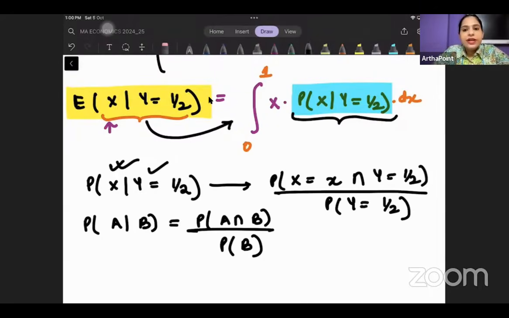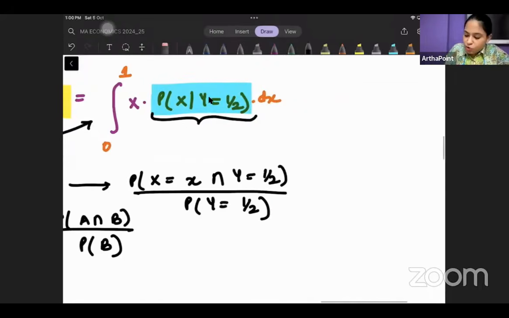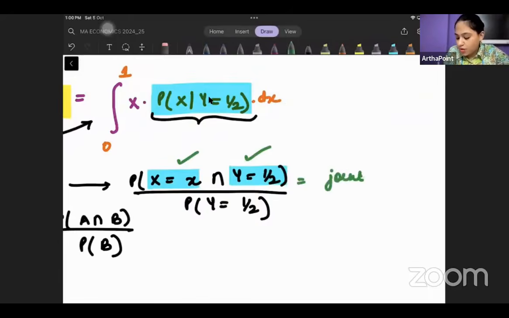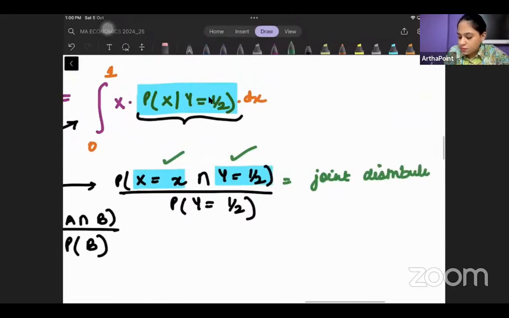Now, if we look here, the numerator is some value of x and some value of y. When we define for some value of x and some value of y, that is called the joint distribution. The denominator is only for y.